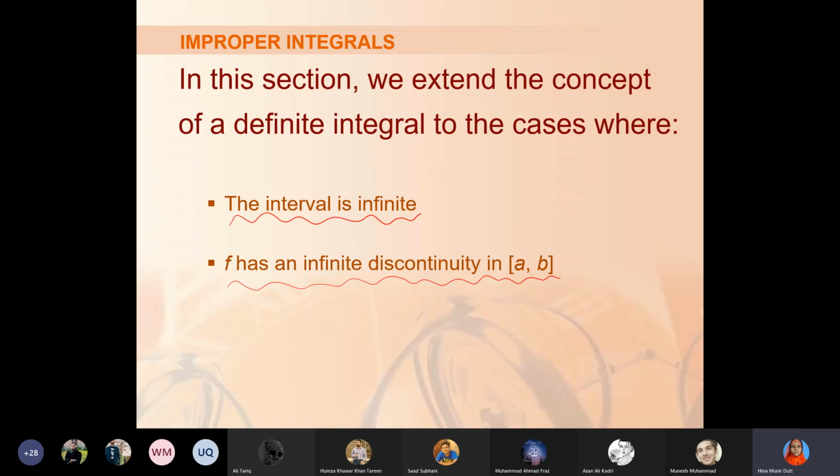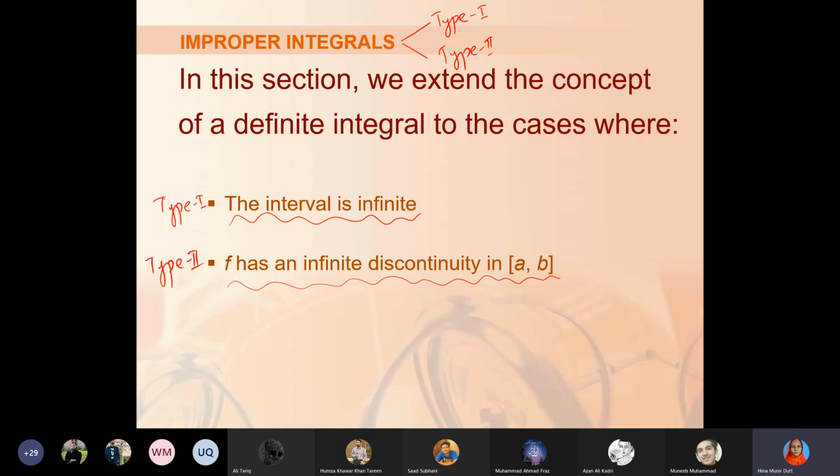So our improper integrals have two types. The first is called type 1, that is when the interval of integration is infinite. And the second one is type 2, that is when f has an infinite discontinuity on the interval AB.